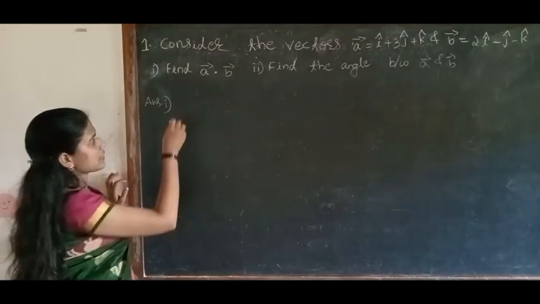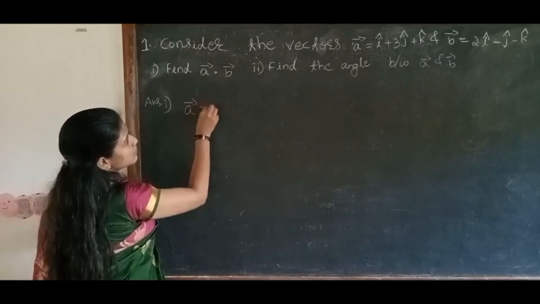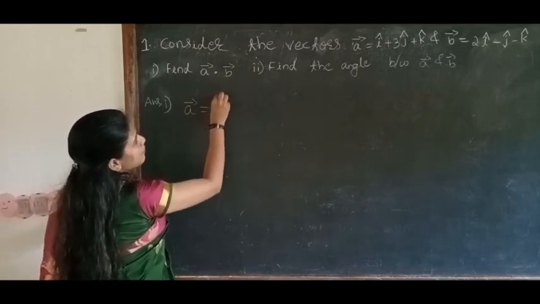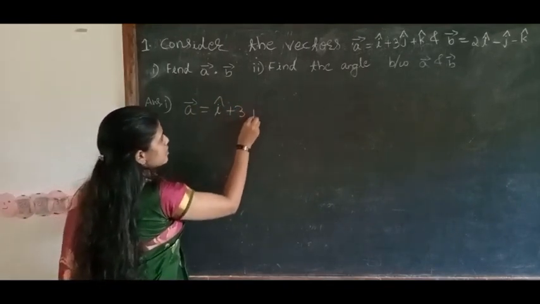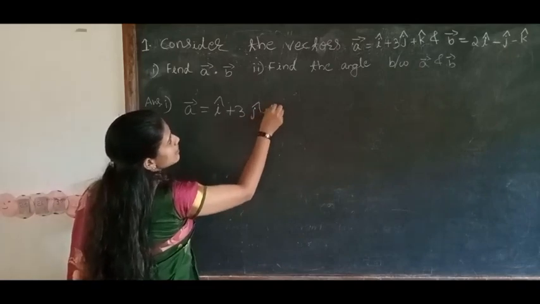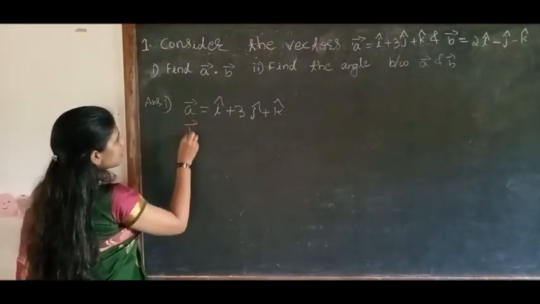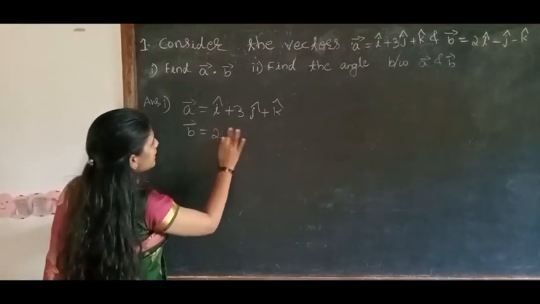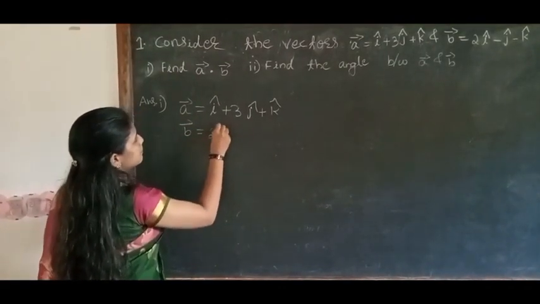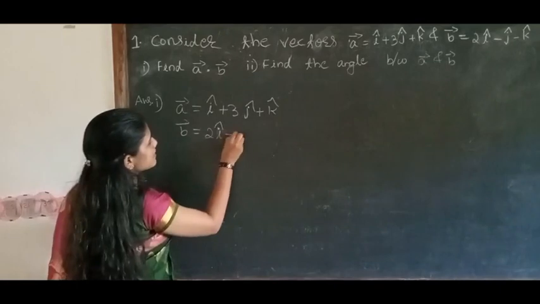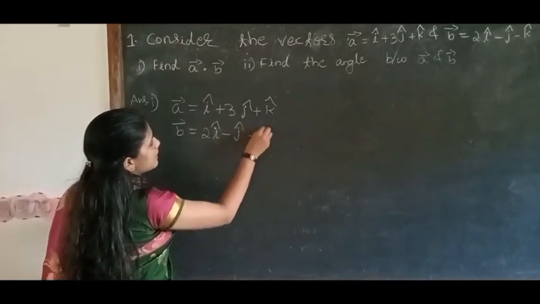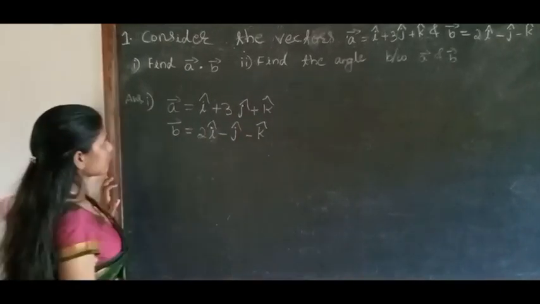First we have to find vector A dot vector B. We have vector A is equal to i cap plus 3j cap plus k cap and vector B is equal to 2i cap minus j cap minus k cap.